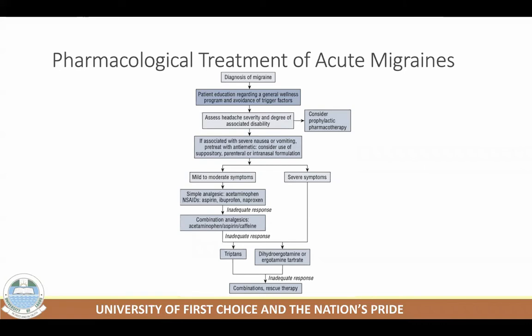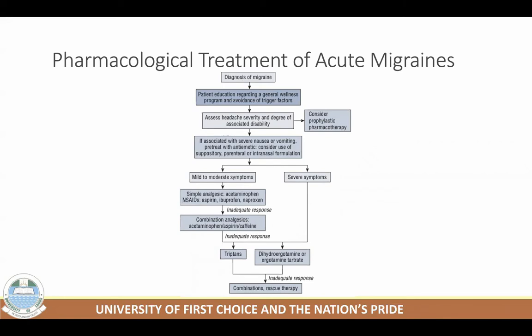Then also their trigger factors, what they've eaten. They have to journal all of those things: their eating, their activity level, their perception of stress, their emotional state, and all of that. Use all of these to identify their trigger factors.